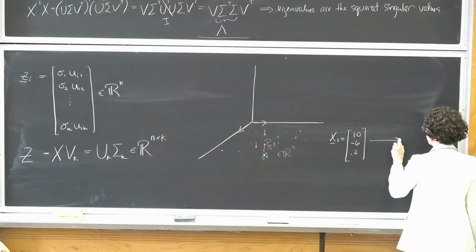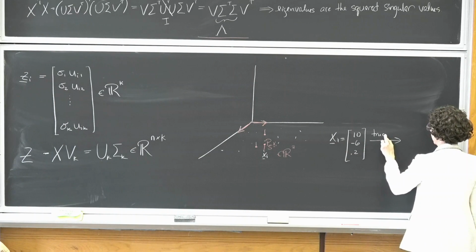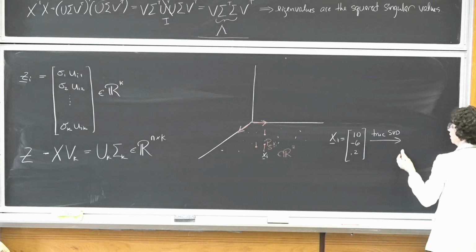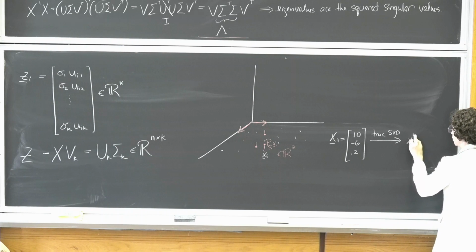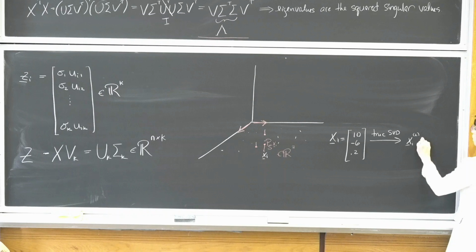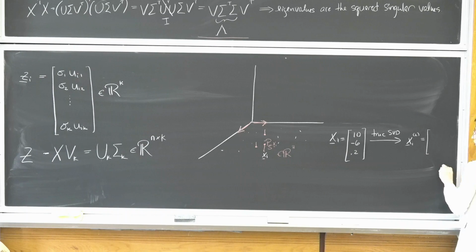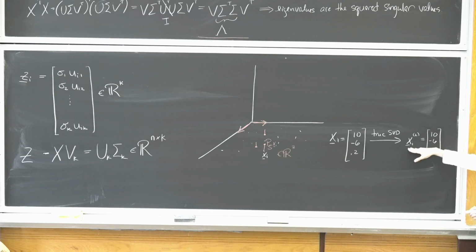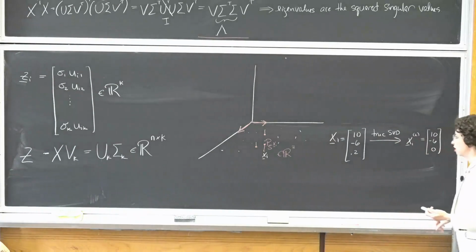And then when I do the truncated SVD, I'm going to get an xi, I'll put a little superscript k here to correspond to the kth row in the truncated SVD. What I'm getting is its projection onto this 2D plane. So that would be 10, -6, 0. In fact, all of the different points in that truncated SVD in this example would have that third coordinate equal to 0 because I've projected them all to that horizontal plane.